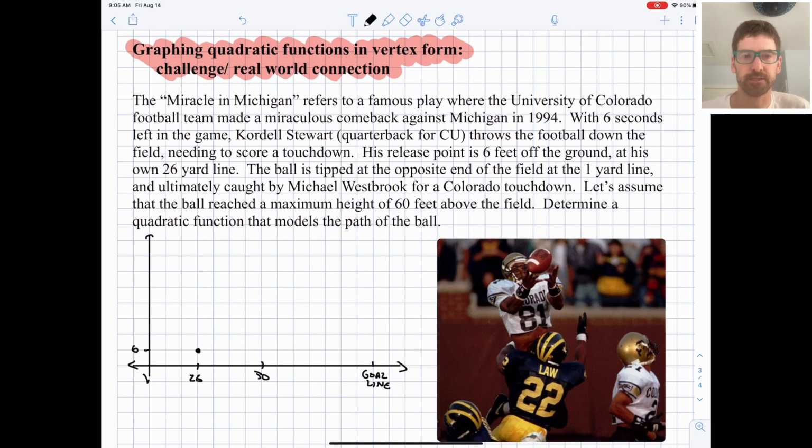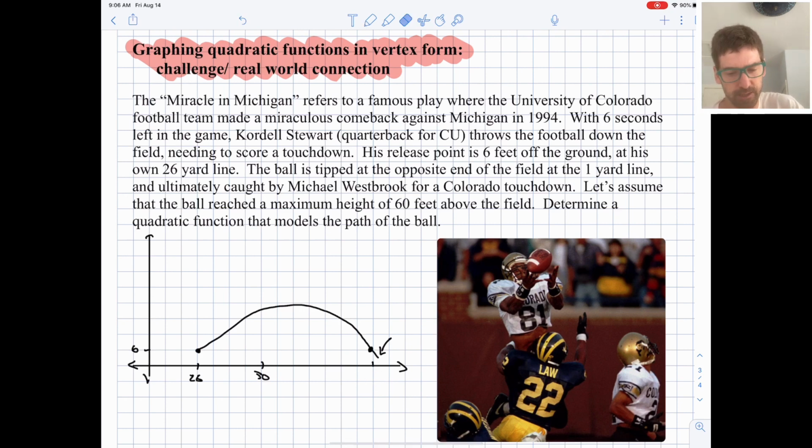The ball was about 6 feet off the ground, and he threw a touchdown, and that's where Michael Westbrook caught it, right there. Okay, let's assume it was tipped at the 1-yard line, so that's right about here, and let's assume it was 6 feet off the ground at that point as well. So we have to make a couple assumptions.